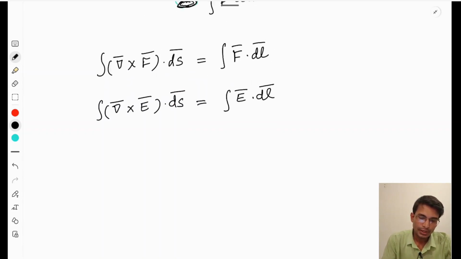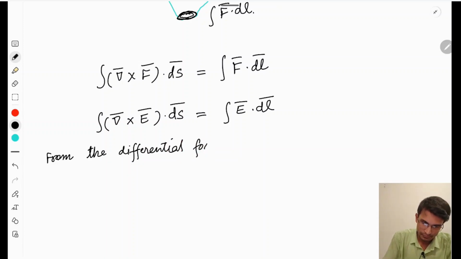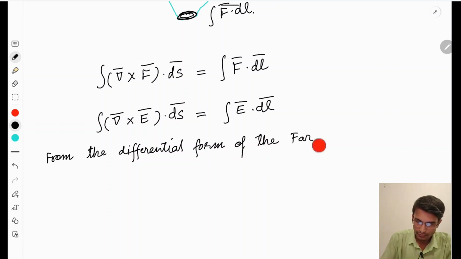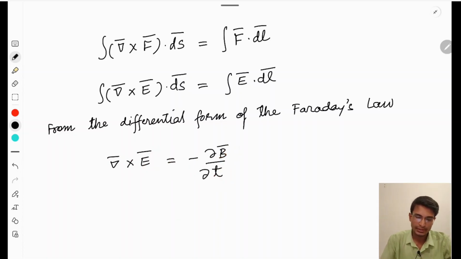Now from the differential form of Faraday's law, what do we get? We get del cross E is equal to minus del B by del T. This del cross E we will replace here.